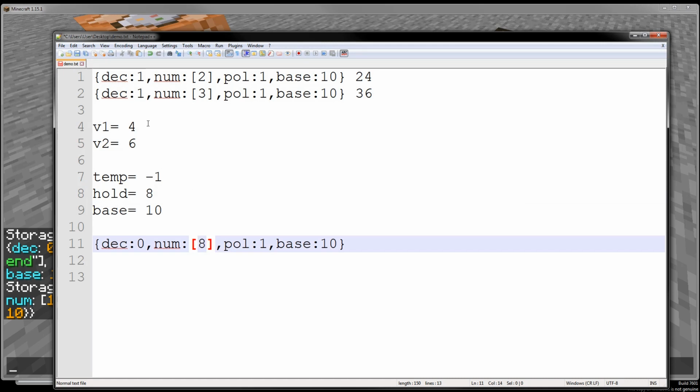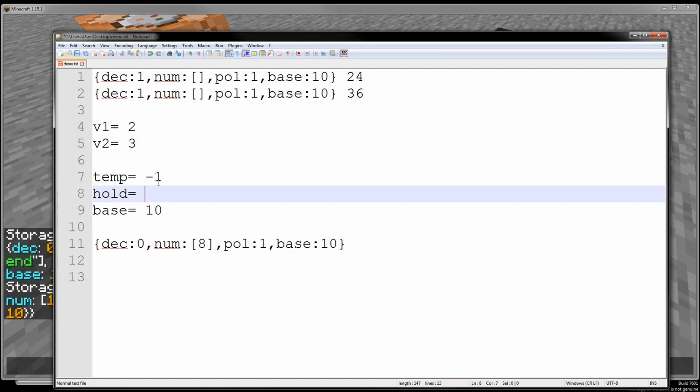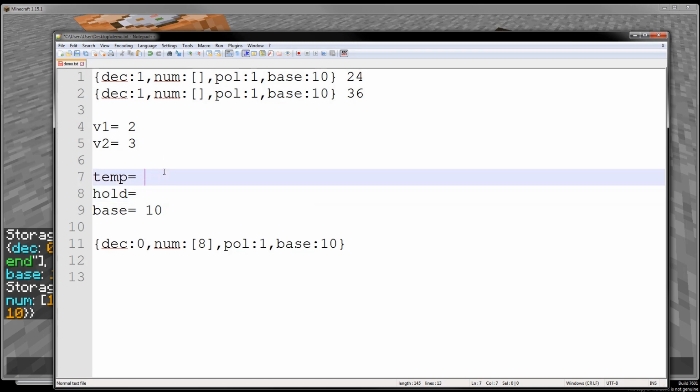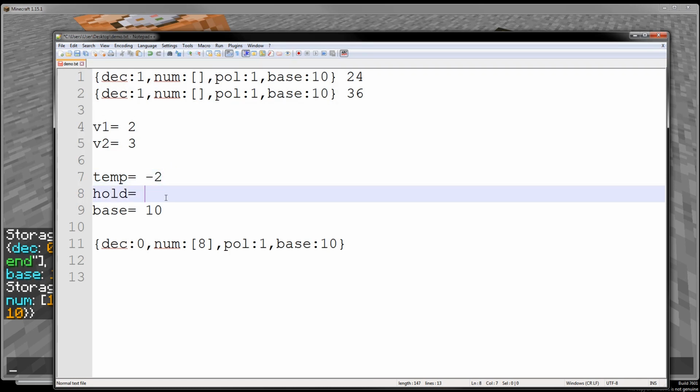Then the next thing you do is 2 and 3, removing those two numbers, and since I have carried the -1, I add 2 to the temp value, which gives me 1, and then I subtract 3, which gives me -2. I shift that to my hold value, which is -2, and then I add 10 again, which gives me 8.